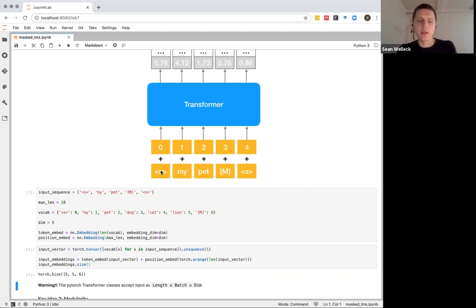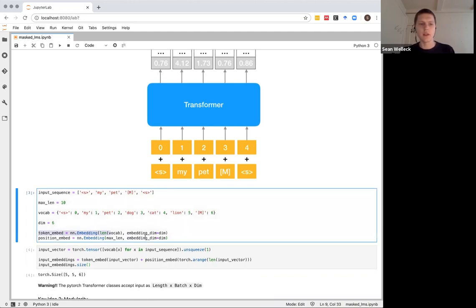In the case of the transformer, we want to come up with a vector representation of the token. So that's here. And then we also want to come up with a vector representation of the position of the token. So then that's here. Does that make sense?